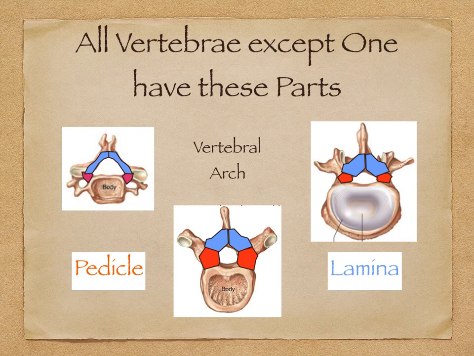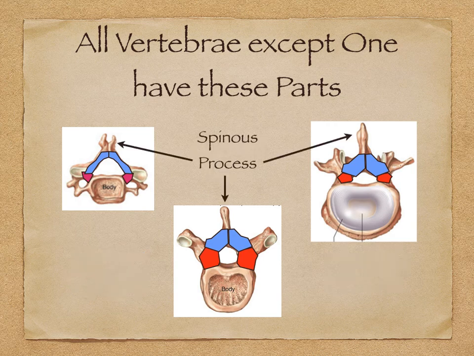And you can see now a vertebral foramen clearly in each one of these 3 different vertebrae. Each of these 3 has a spinous process. Notice that the small one up on the left has a spinous process that kind of forks, divides into 2 little prongs, whereas the other 2 do not.